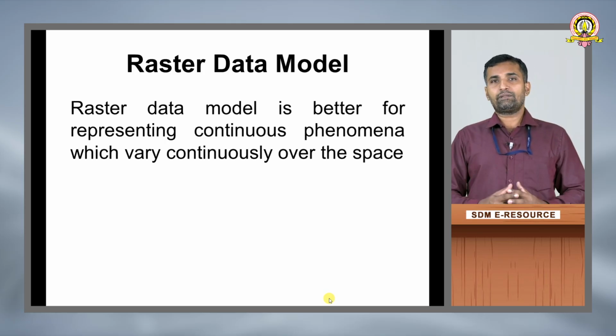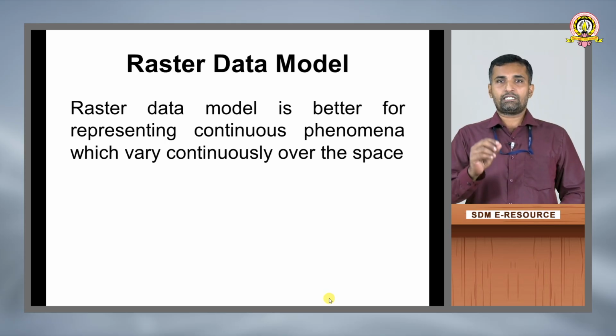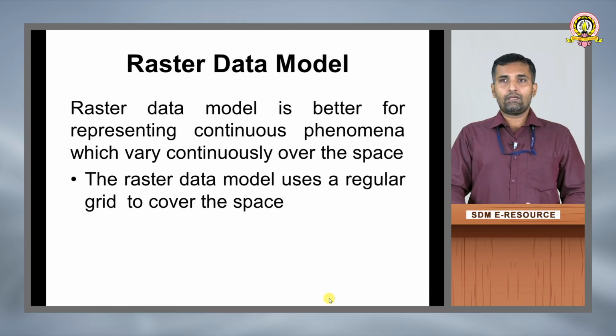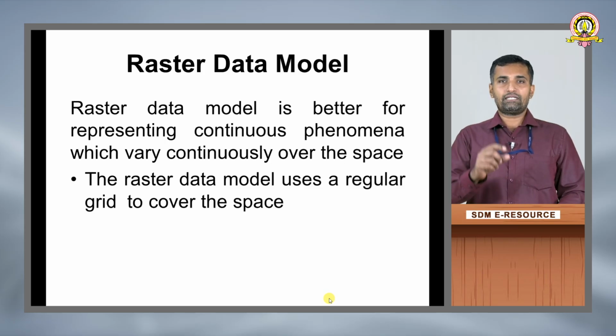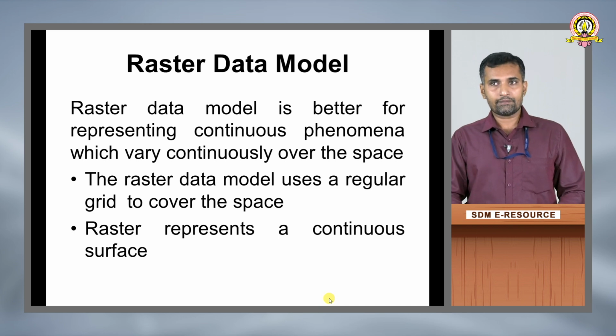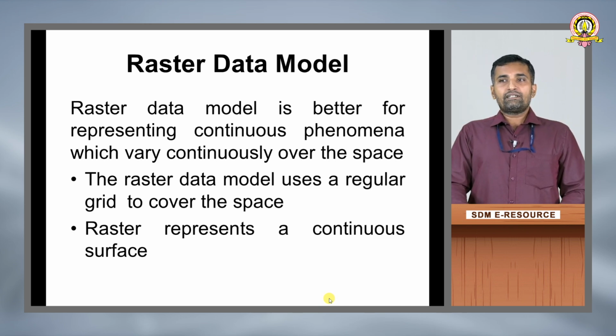For example, satellite imagery is continuous data. Here the data is present in the form of pixels, the smallest unit of pictures, or grids. The raster data model uses regular grids to cover the space. The small grids in satellite images are nothing but pixels. We will discuss that in detail in the coming classes. Raster represents a continuous surface.